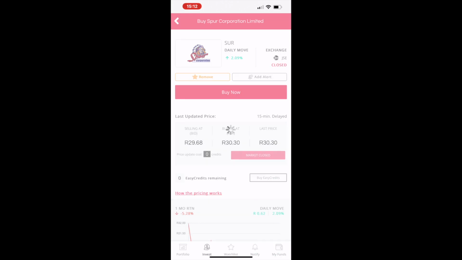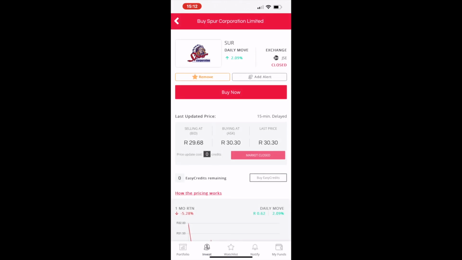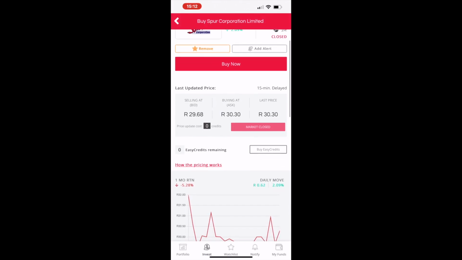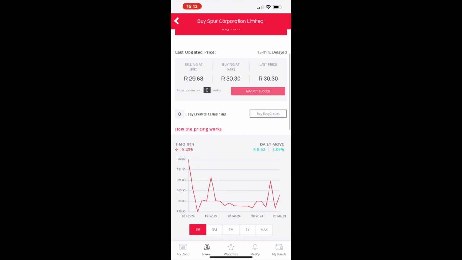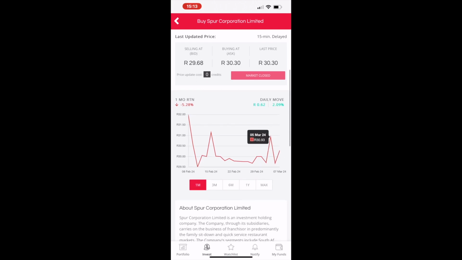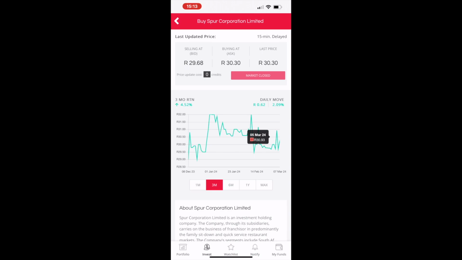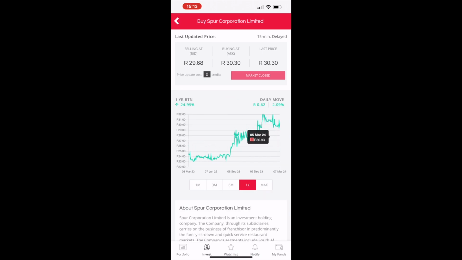It's buying at 30.30, and there you can also set an alert. It's buying at 30.30 and selling at 29.68. You have the graph there that shows you how the company has been performing: 1 month, 3 months, 6 months, 1 year, and maximum, I think, is 5 years. So you just see how it performs.